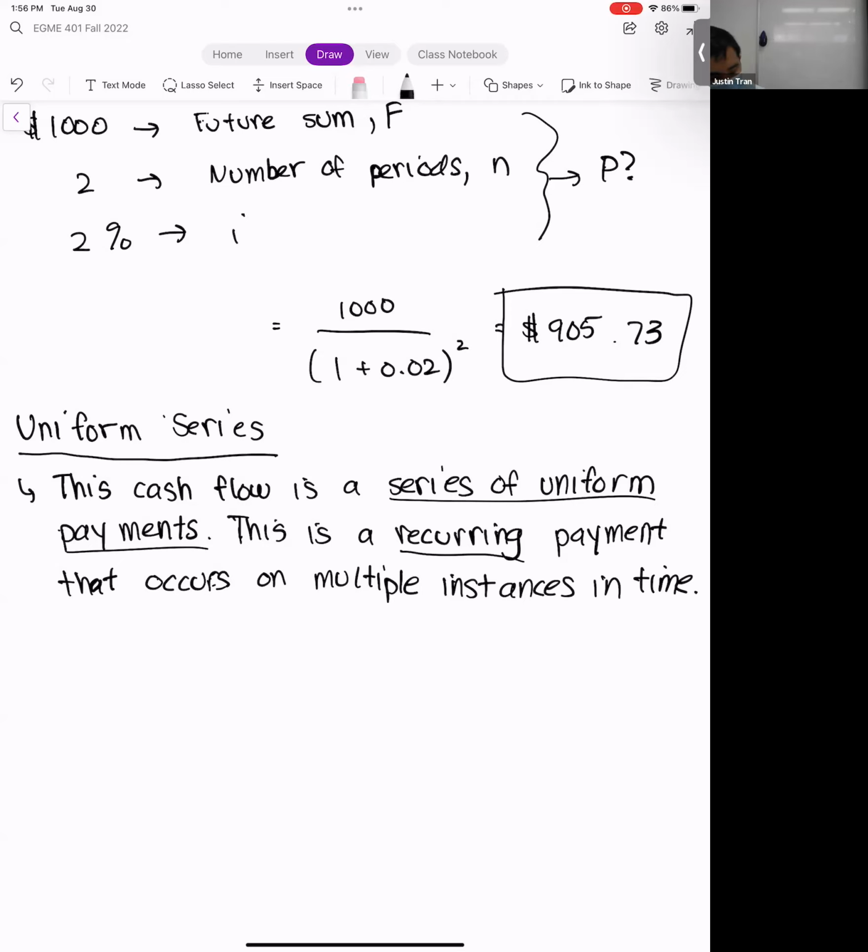And so now that we're talking about uniform series, the whole idea of a cash flow diagram is going to become useful. Now this is going to help us visualize all the different payments for a uniform series.